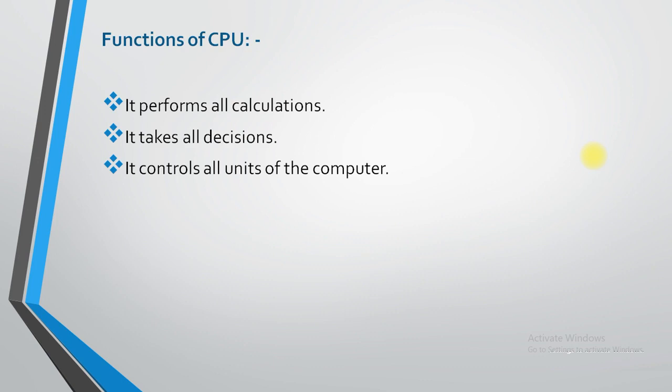And number three, the control unit is responsible for controlling your computer. So these three are the tasks performed by the CPU. Number one, it performs calculations, it takes decisions, and it controls all the units of the computer, right? So these are the functions related with the CPU.